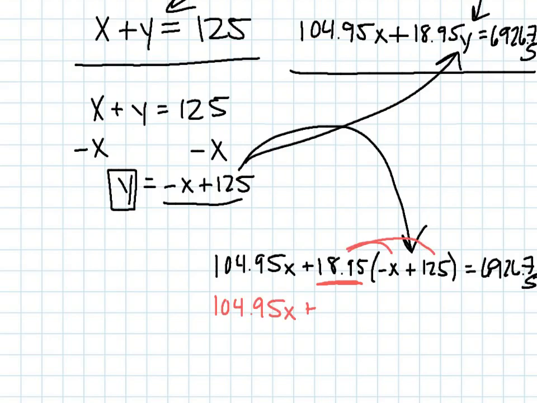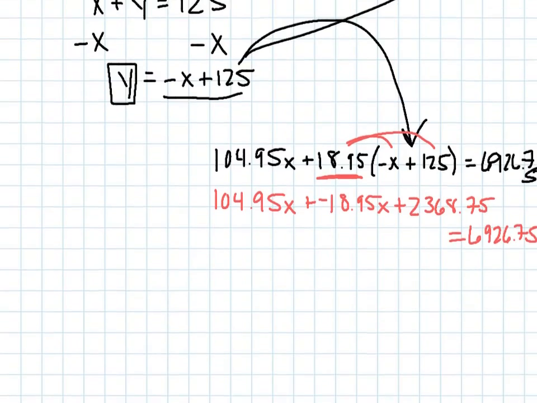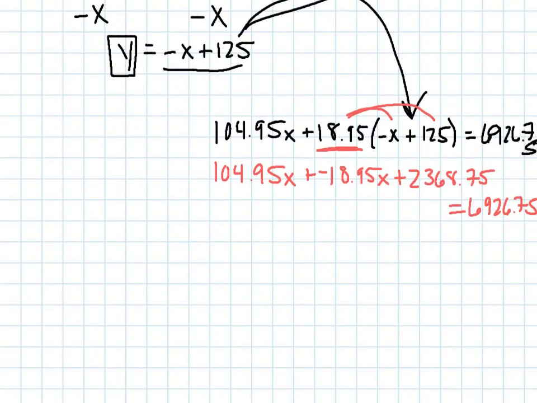So 18.95 times negative x is negative 18.95x plus 18.95 times 125 is 2,368.75, which equals 6,926.75. Okay? So now I'm going to combine like terms.